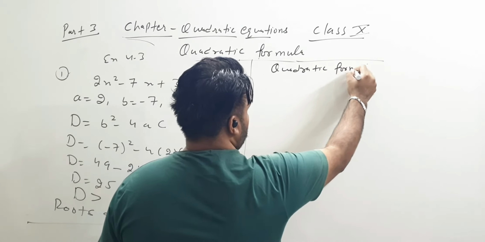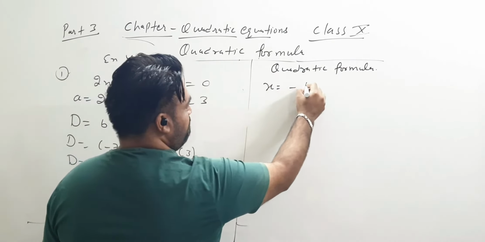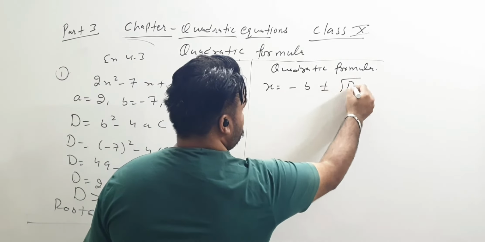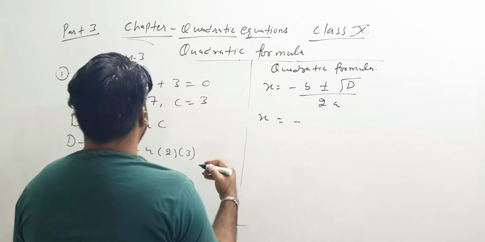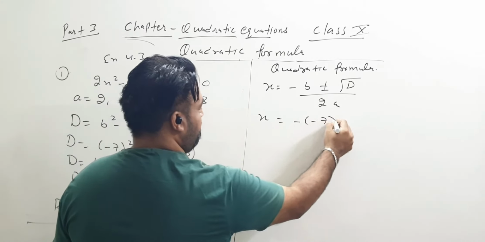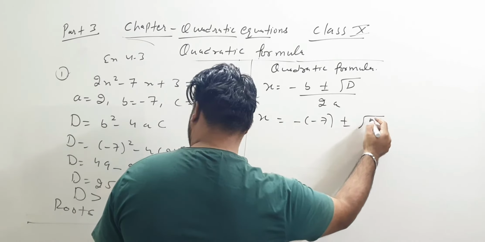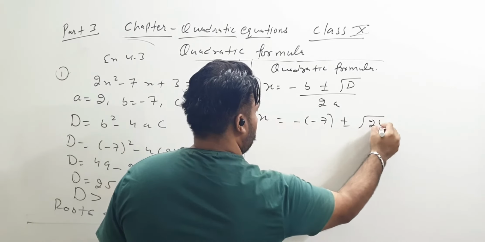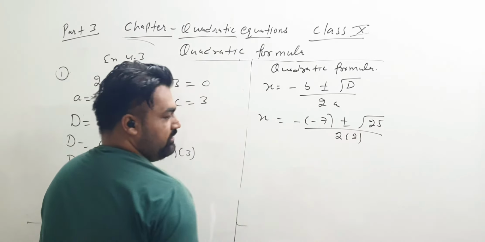The quadratic formula is x equals to minus b plus minus root d upon 2a. Now put the values of b, that is minus 7. What is the value of d? That is 25 upon 2a. The value of a is 2.